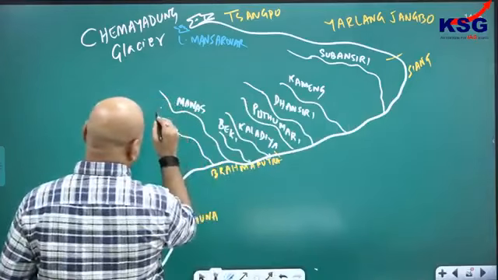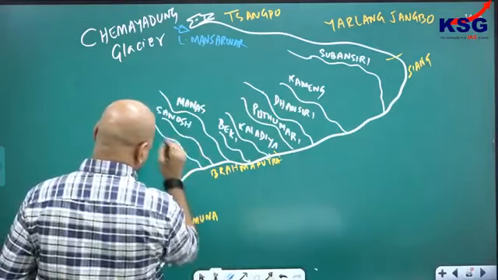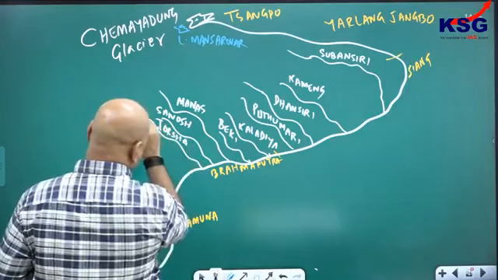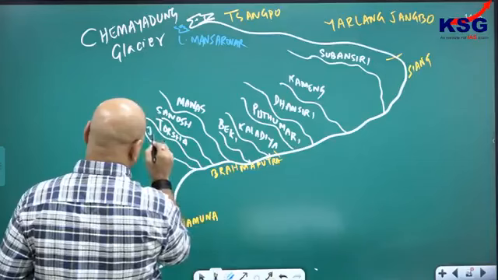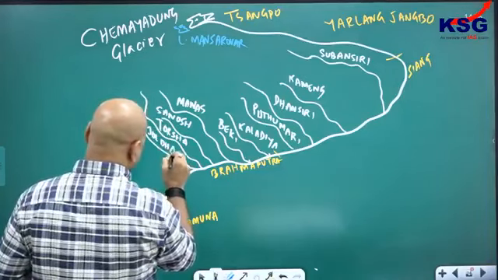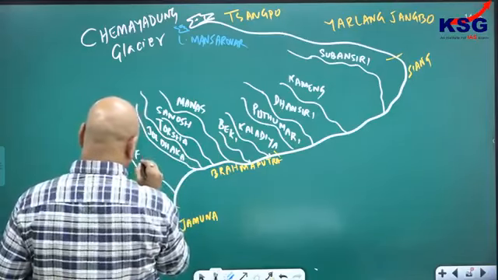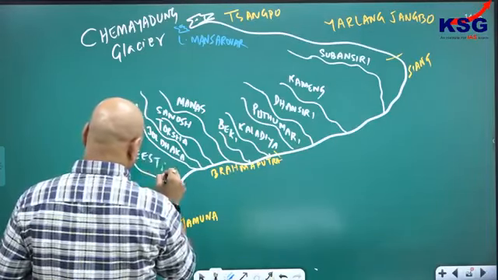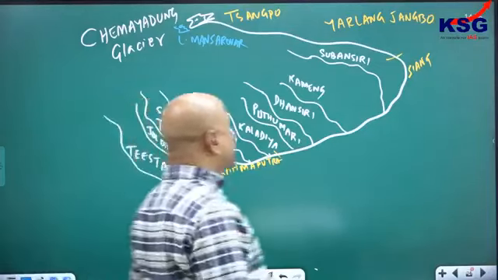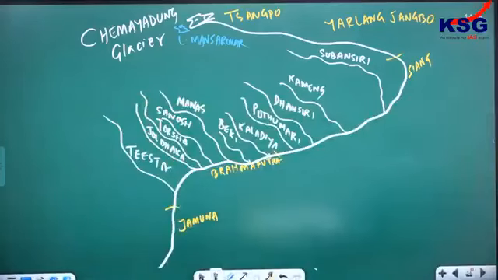Sankosh, Torsa, Jaldhaka, here you have Teesta. Look at these rivers a little, I hope you will be able to get certain things. Please look at this carefully. They are not given properly in the atlas.